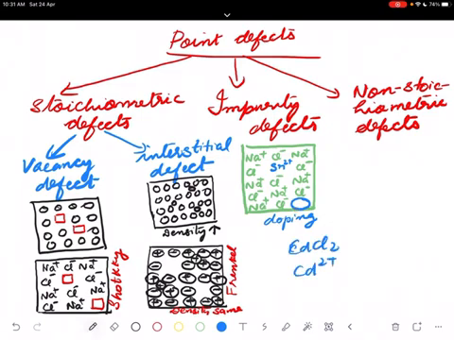So 2 Ag+ will be replaced by 1 Cd2+ to maintain electrical neutrality. But in this process, vacancies are created. So creation of these vacancies, that is a defect, we call it an impurity defect.